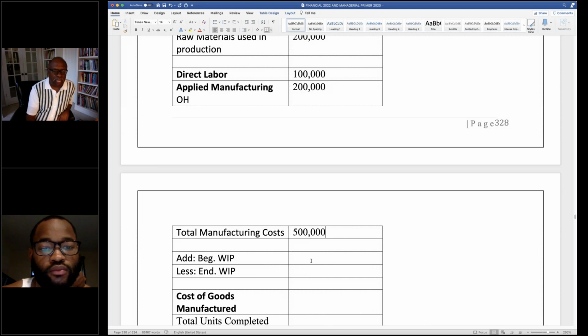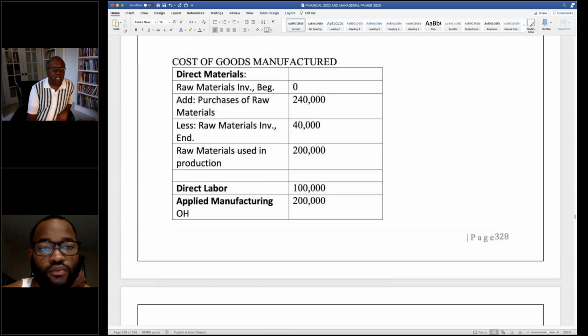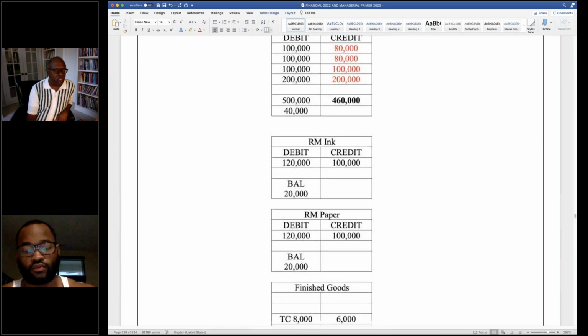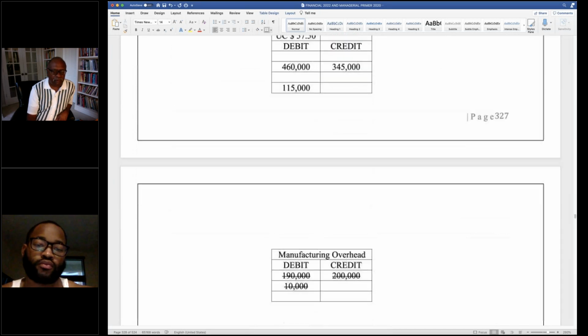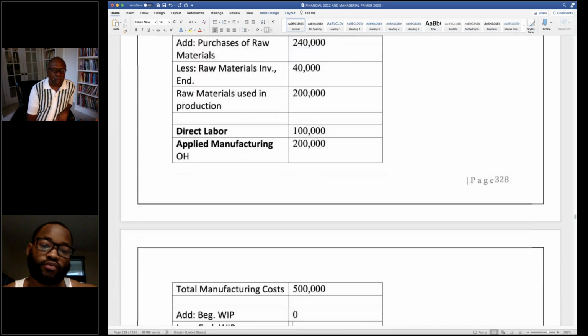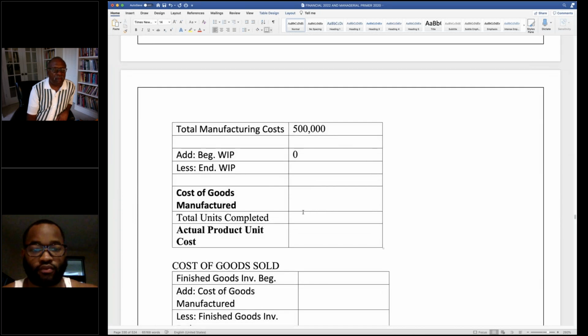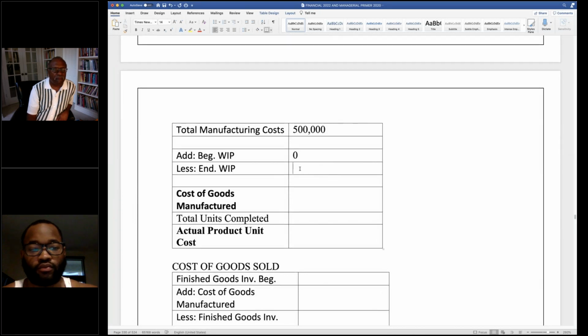There was no beginning inventory. We had an ending inventory in work in process of 40,000. And so the cost of goods manufactured was 460,000.